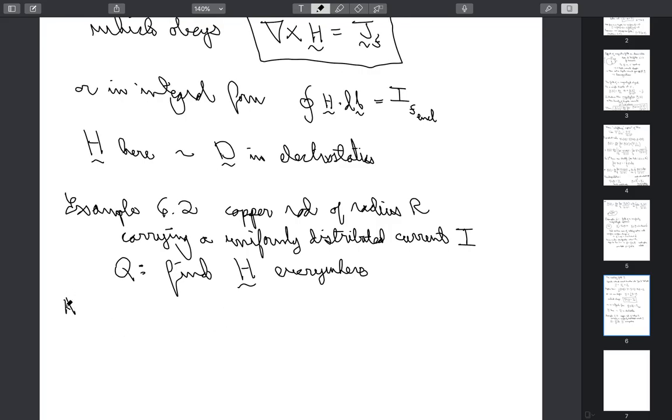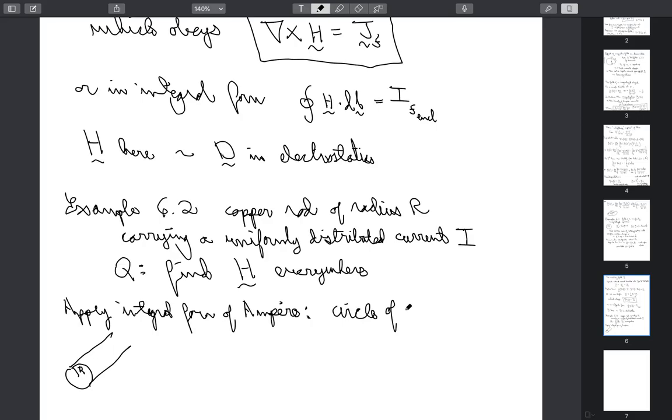So what are we going to do? We're going to apply the integral form of Ampere. And what does that tell us? So we have our rod like this, that's the radius r that we have here. And now let's say we apply Ampere, and we just do a circle concentric on this rod at radius s.